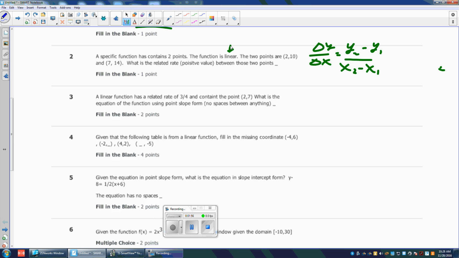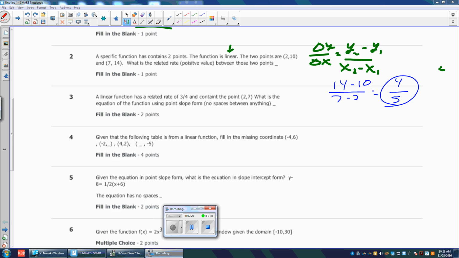So then you take the second point's y value, which is 14, minus the first point's y value, which is 10, over the second point's x value, which is 7, minus the first point's x value, which is 2. When you subtract them, you get 4 over 5. Positive value. If you had a negative value, you would have done a negative divided by a negative.